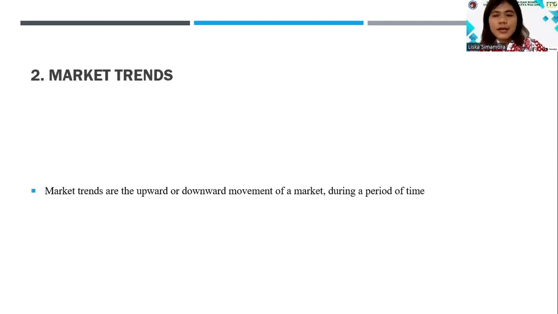So the second topic for market analysis is market trends. Market trends are the upward or downward movement of a market during a period of time. So there are some periods of time when demand for our product will be so high. I mean, so many people will need it, but there will also be a period of time when our product is not desired by the customer.